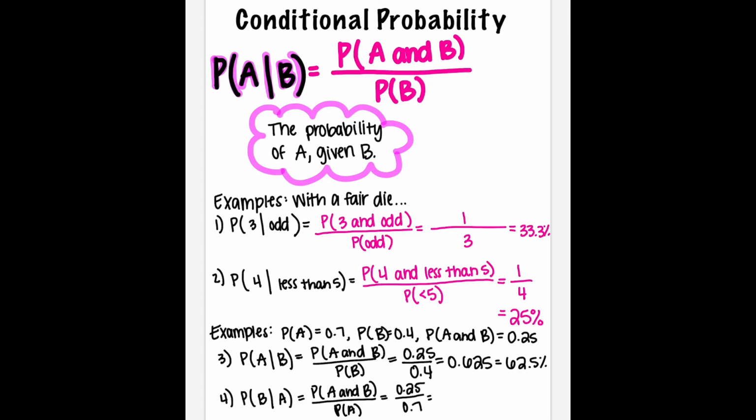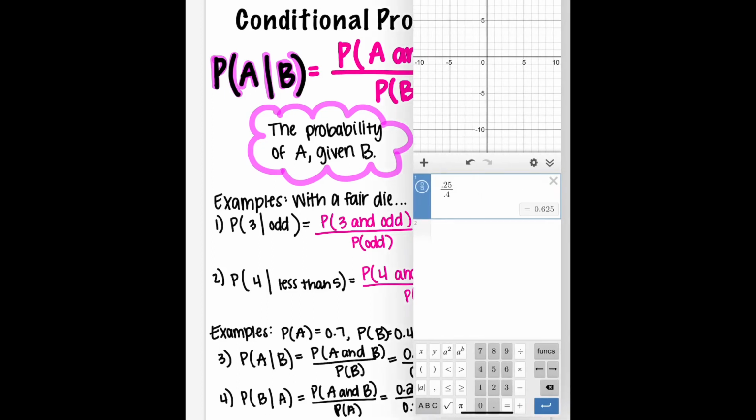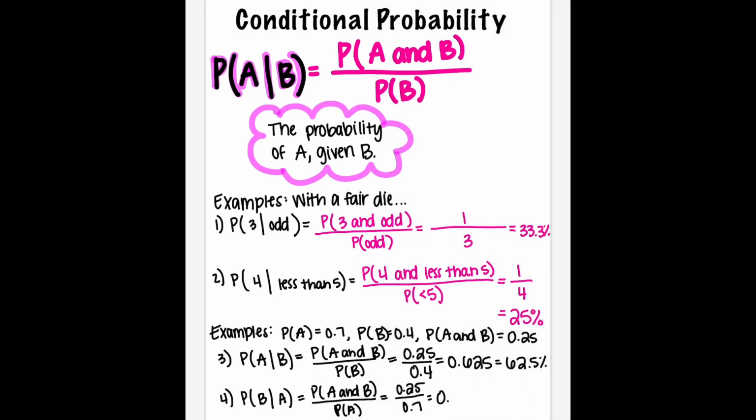The probability of A was 0.7. So again, we will divide 0.25 divided by 0.7, and we get 0.357. I would round that to 3 decimal places, so 0.357. You can change that to a decimal or a percentage. Either one is acceptable.